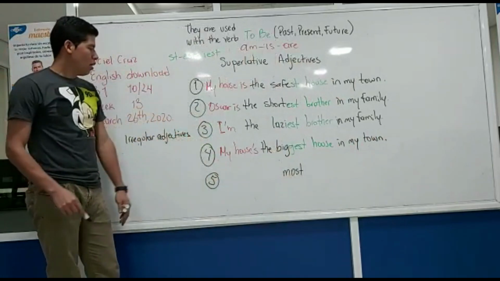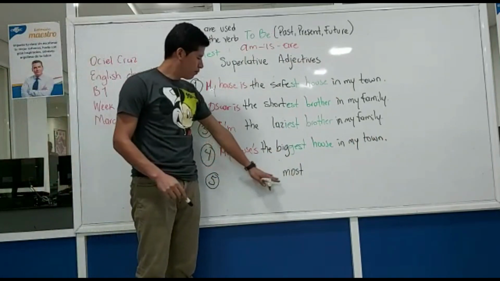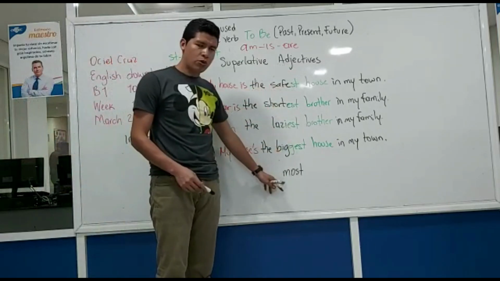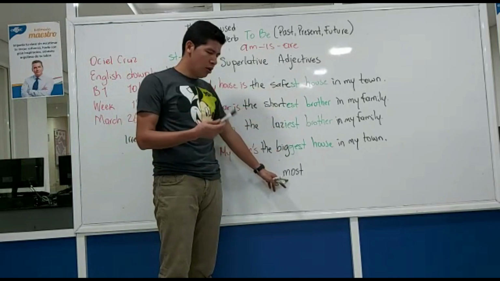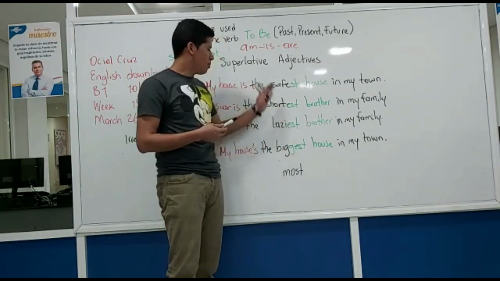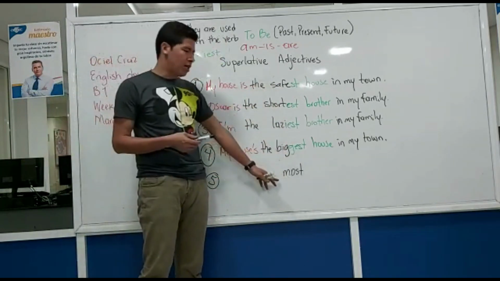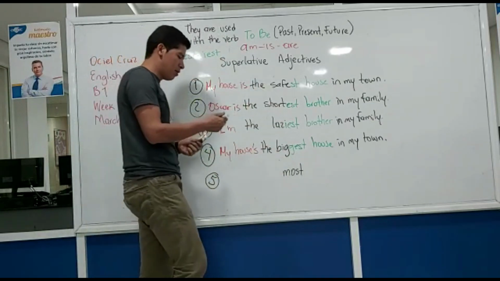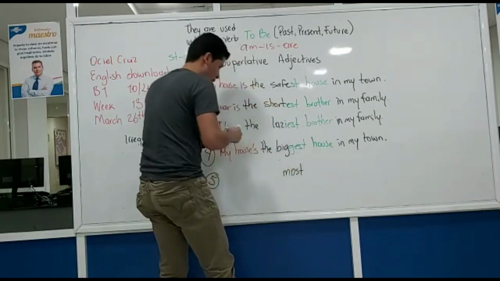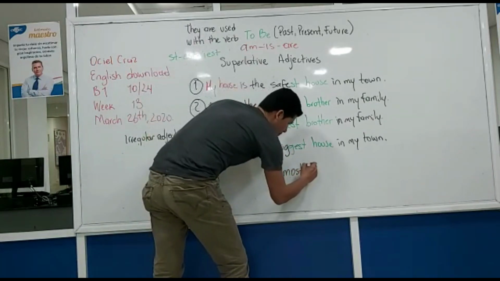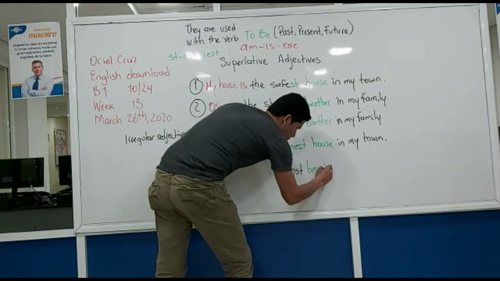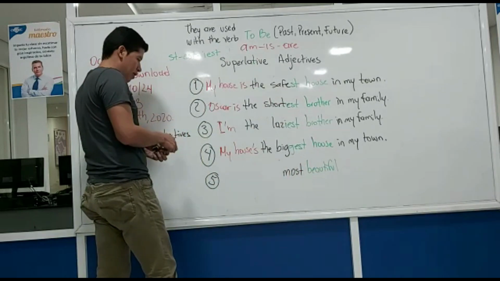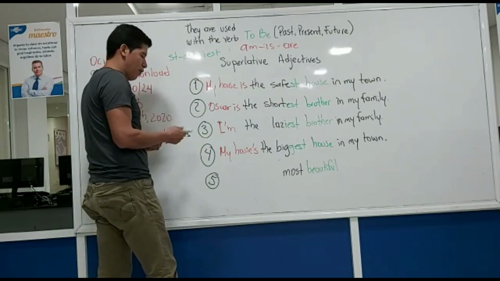And the last rule about superlative adjectives: I use most. You remember before you used more for comparative adjectives, but for superlatives I am going to use most. I use beautiful, like my sister, as I explained before. My sister is the most beautiful girl.